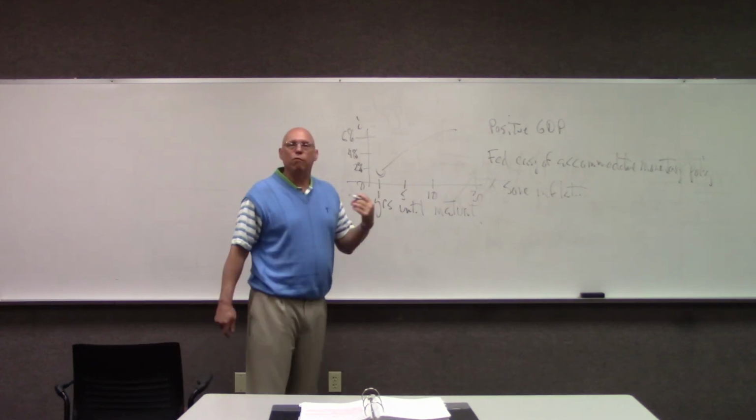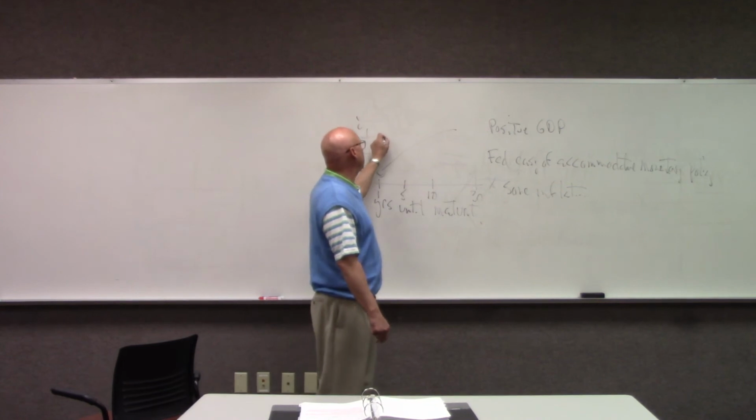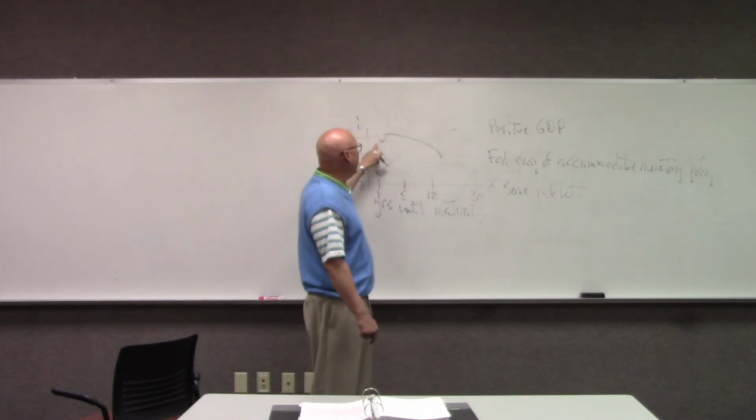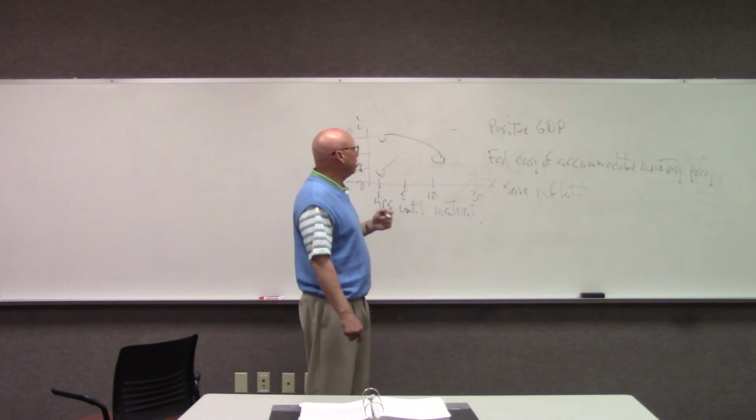What is an inverted yield curve? An inverted yield curve looks like this. Rates on short securities are higher than rates on longer-term securities. And what does that tell us?